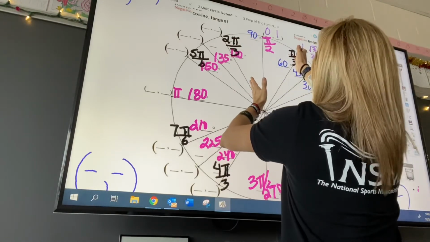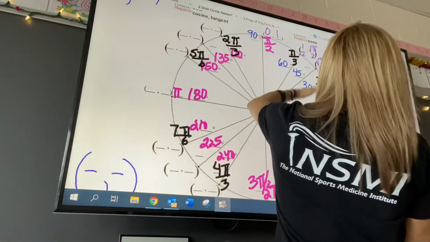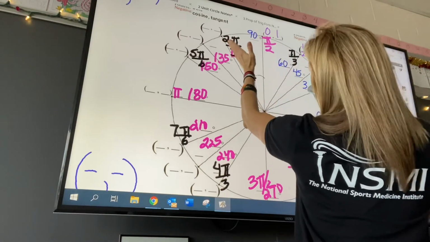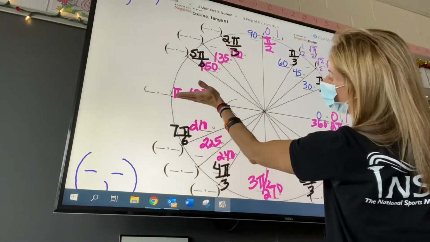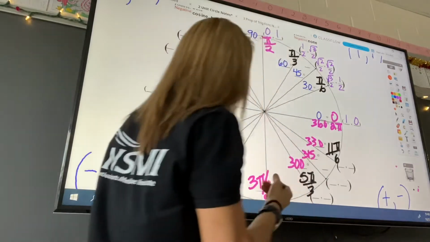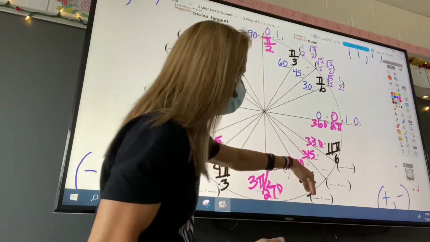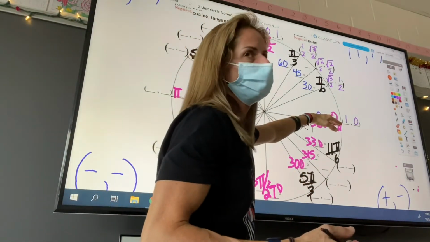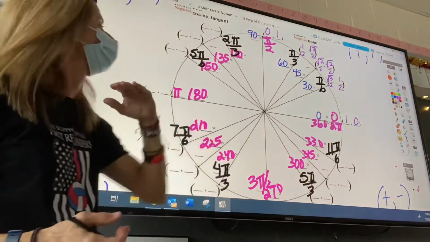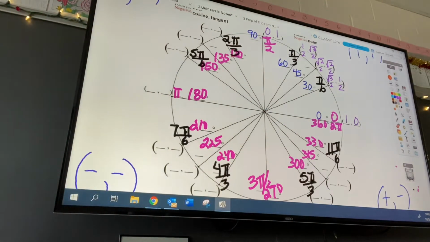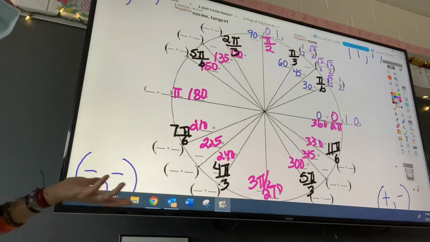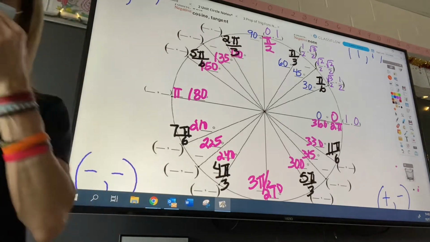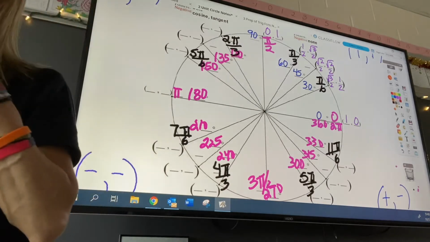So that's pi over 3, 2 pi over 3, 3 pi over 3, 4 pi over 3, 5 pi over 3, and then 6 pi over 3. If you have trouble with fractions, this is not easy. So we've got all those.